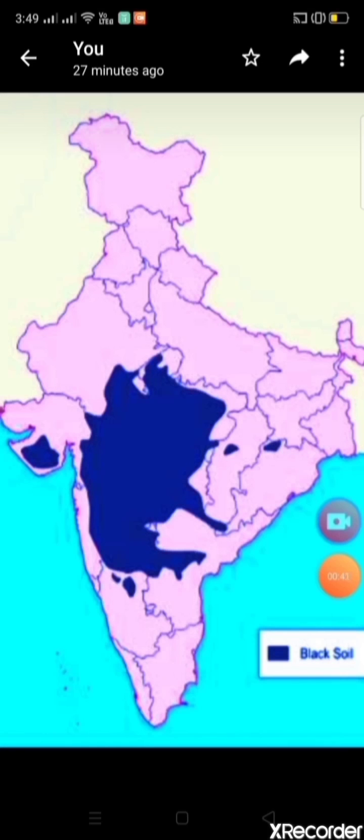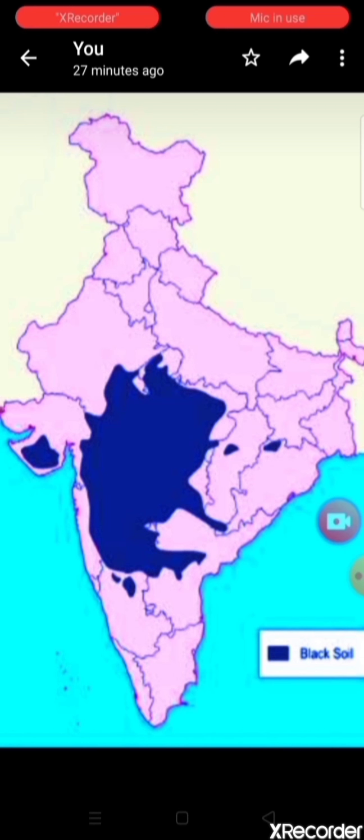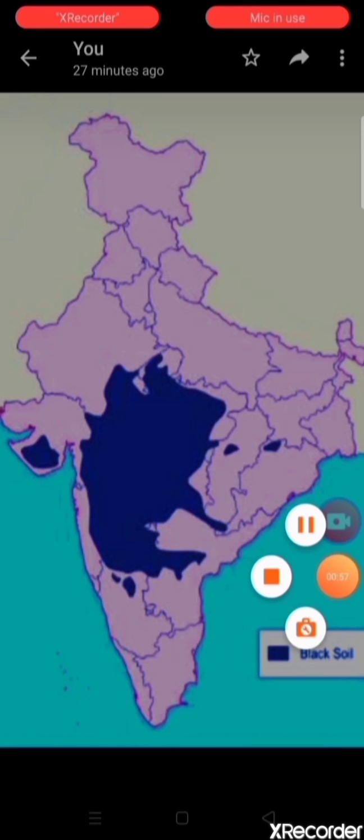The black soil is formed by the weathering of lava and the cooling of lava after a volcanic eruption, and the soil in the Deccan Plateau consists of black basalt soil which is rich in humus and iron, which covers the plateau of Maharashtra, Saurashtra, Malwa and Madhya Pradesh, Chhattisgarh, and it extends in the southeast direction along the Godavari and the Krishna valleys.